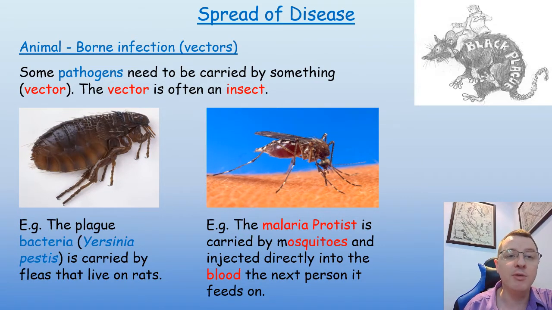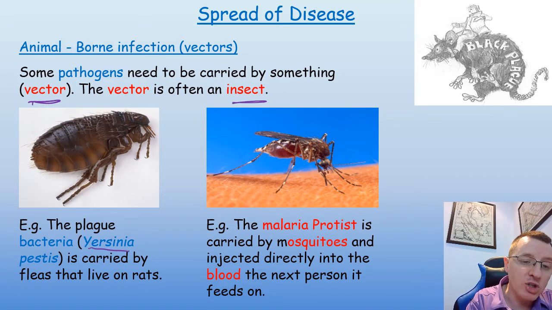The next method is known as animal-borne infections or vectors. Some pathogens will need to be carried by something, and this something is called a vector. The vector is often an insect. One example would be the bacteria Yersinia pestis, which is carried by a vector, the flea.